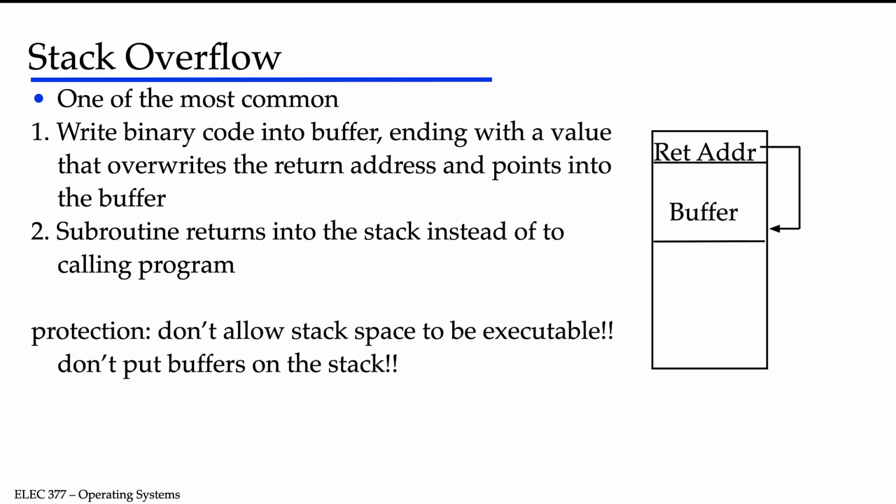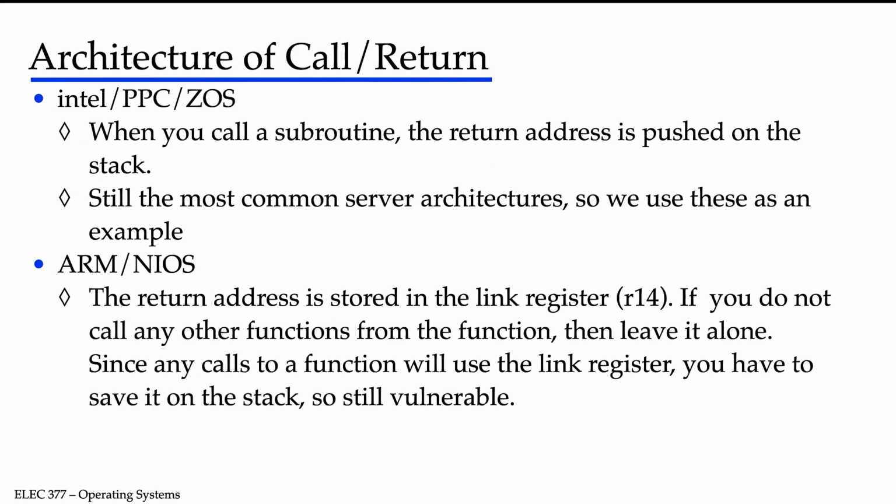One of the protections is that we don't allow the stack space to be executable. But not all architectures support making the stack non-executable. One other approach is not to put buffers on the stack, but as we've already seen, global variables that are buffers and heap buffers that we will see in a future presentation may also be vulnerable.